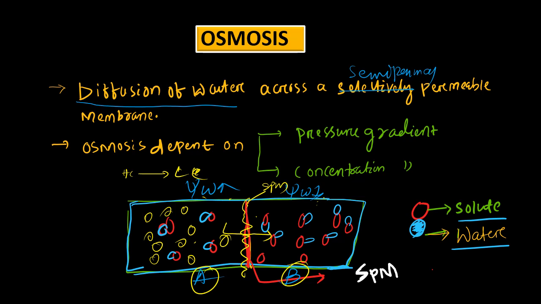And this osmosis depends on pressure gradient and concentration gradient. Remember how the pressure gradient affects it. If I put some pressure on this to stop the osmosis, the pressure will affect the osmosis. And how does the concentration gradient affect it?